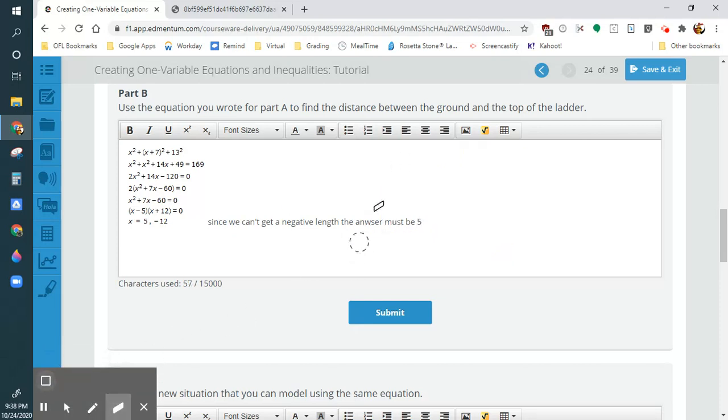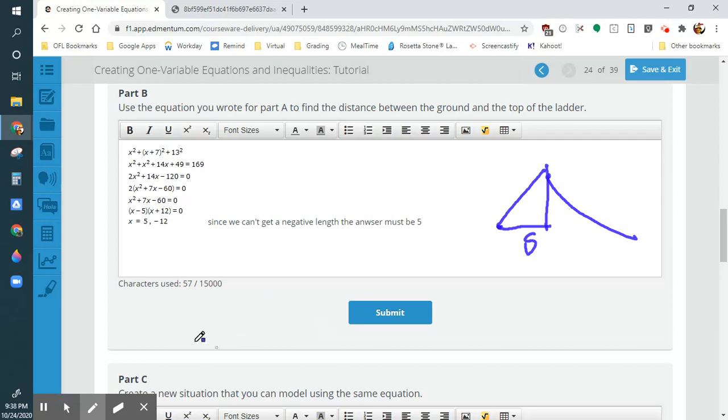So it's going to be 5 meters from the ground. Basically, think of it this way. This is the wall. This is that. This is 5 meters. It can't be negative 12 meters. That wouldn't even make sense. I don't even think it would be able to stand.